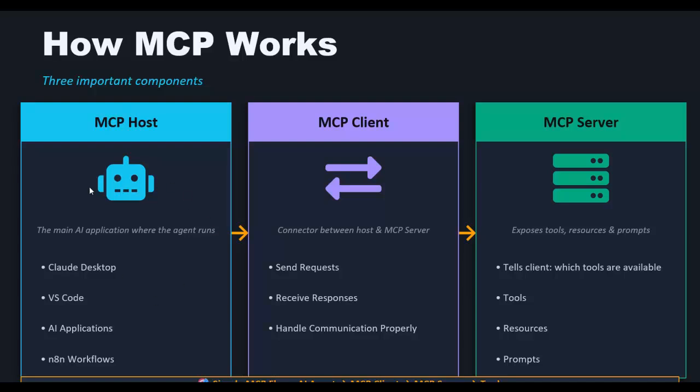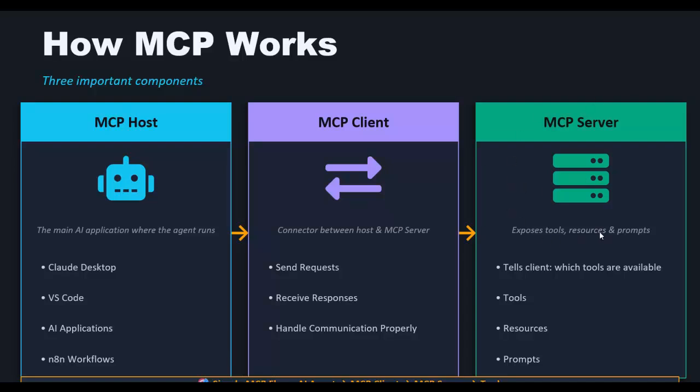So these are MCP hosts. Now let's discuss the MCP client. The MCP client acts like a connector between the AI application, meaning the MCP host, and the MCP server. Its responsibilities include sending requests, receiving responses, and handling communication properly. So we can say the MCP client is the bridge between the MCP host and the MCP server.